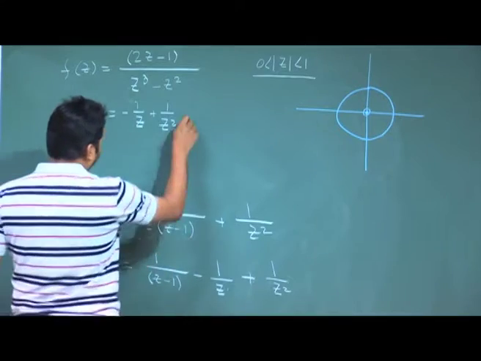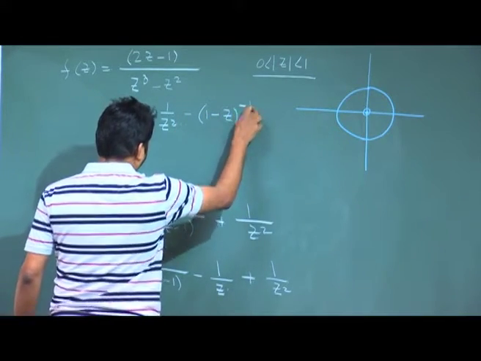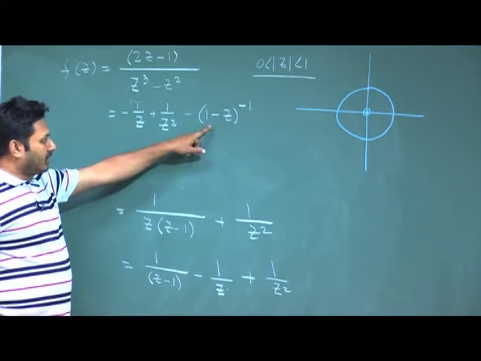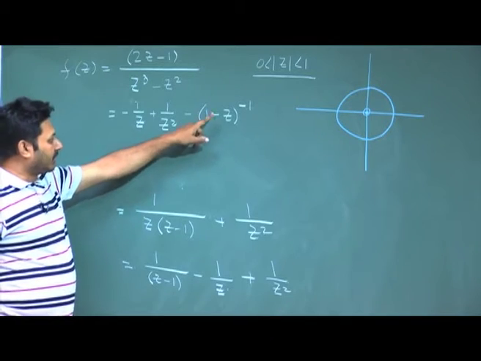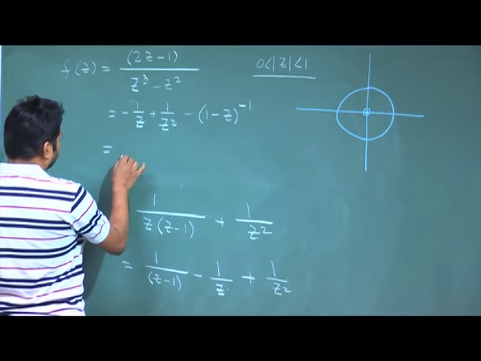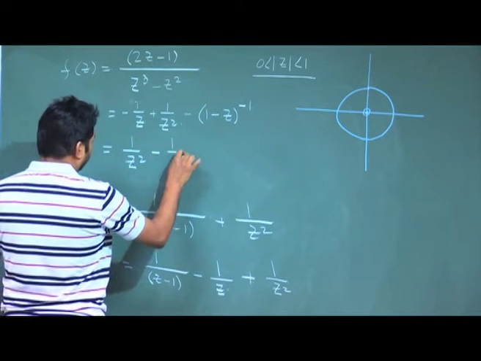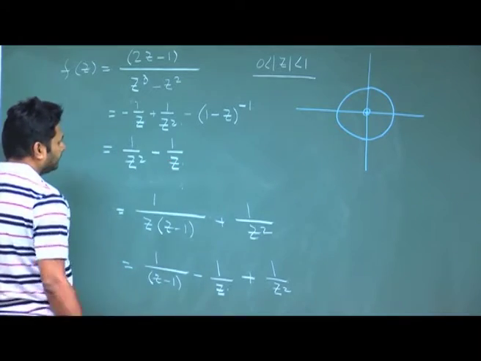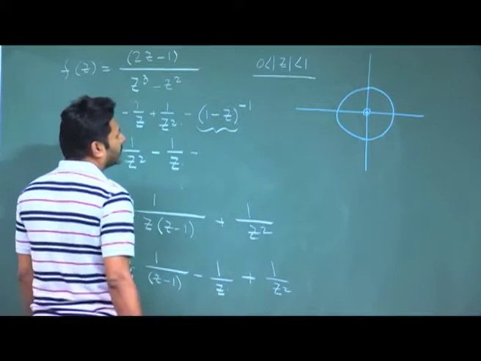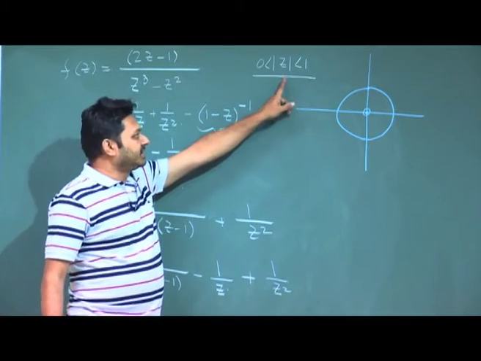Another term I write as minus (1 minus z) to the power minus 1. I take minus common, then it will be 1 minus z, with the power minus 1 and a negative sign here. Then the expression is something like 1 by z square minus 1 by z minus this series. This series I know is true for mod of z less than 1. So, the restriction is already given to me.